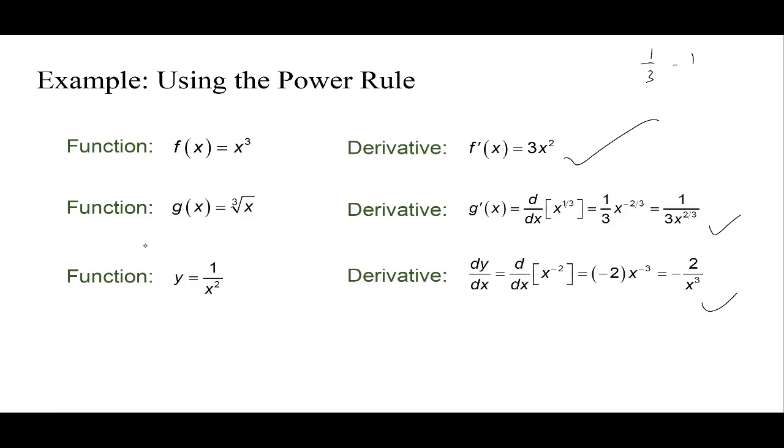And here, the derivative of x to the power -2 is -2 from the formula times x to the power -2 minus 1, which gives you -3. But eventually, we want our answer in positive exponent form, so we bring this x to the power -3 to the denominator.